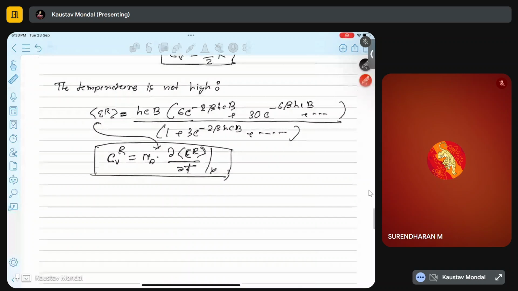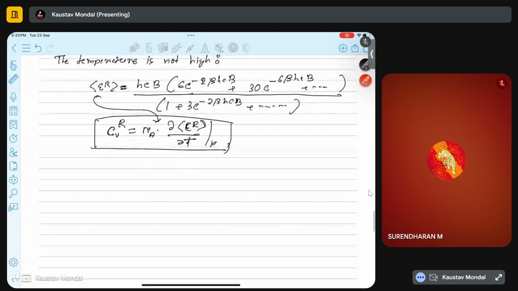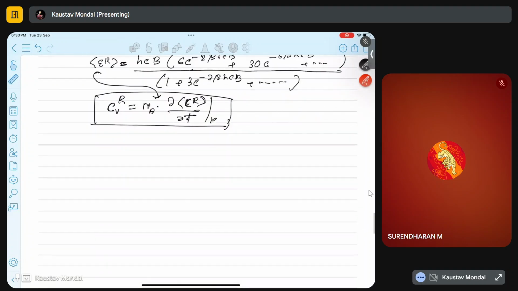And last comes the vibrational case. As you know, from the energy scale of different contributions, the vibrational contribution will only be activated when the temperature is very high.